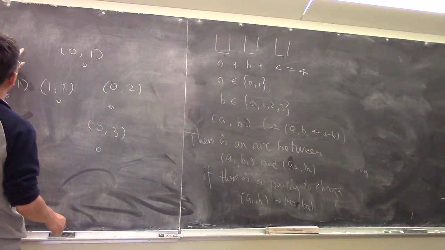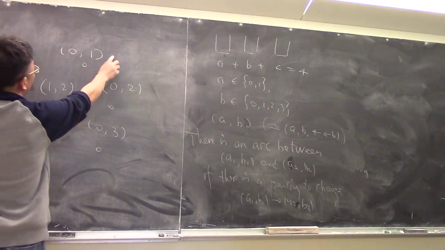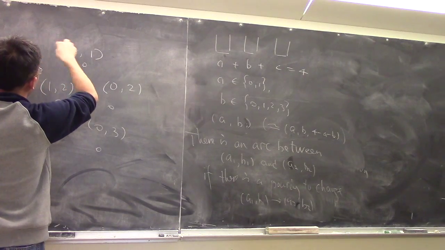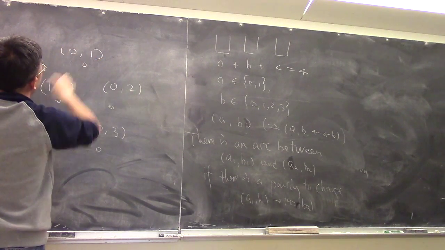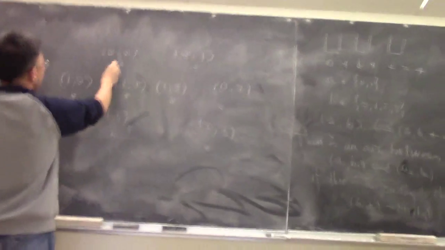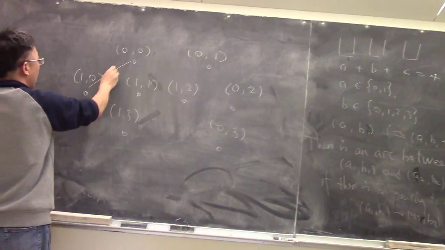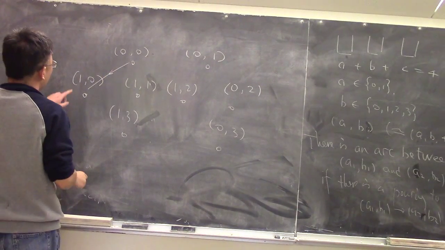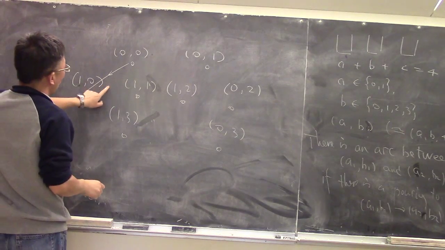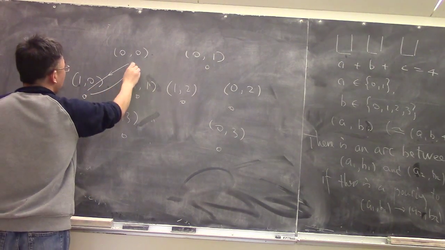So basically this says, this is 0, 4, this is 0, 3. And I don't have any arc between them. But what about this one? So this one is 4. I can pour this into here. So there's an arc here. And if I pour this one bottle into the largest one, then I will be able to go back, right?